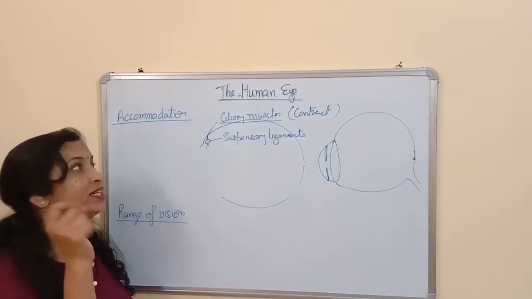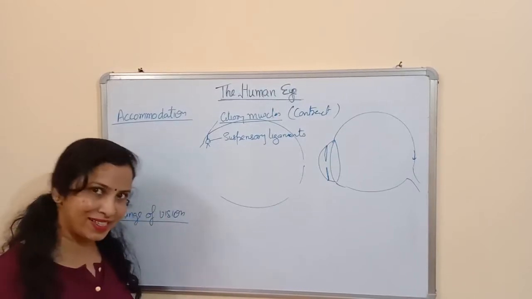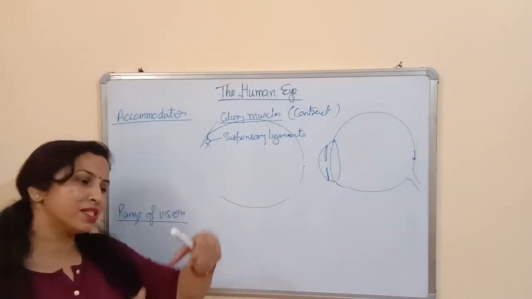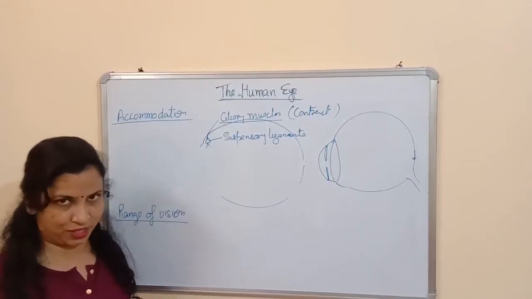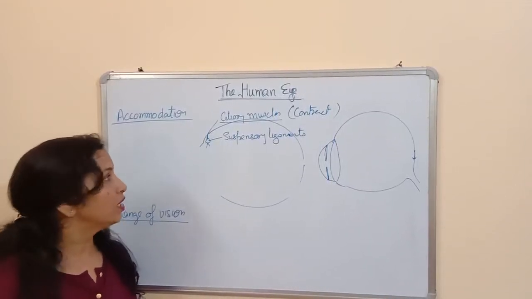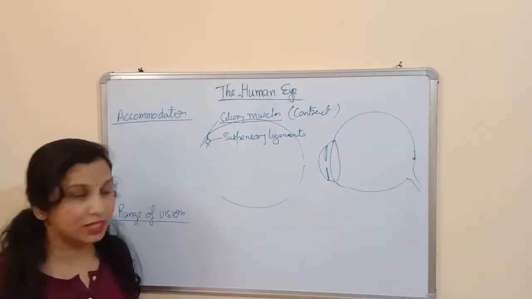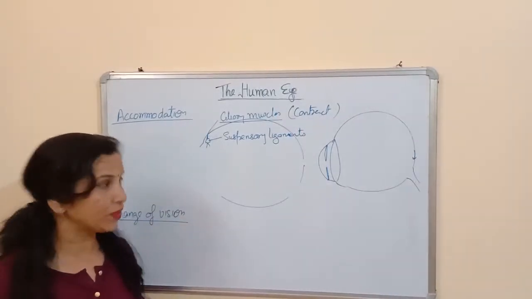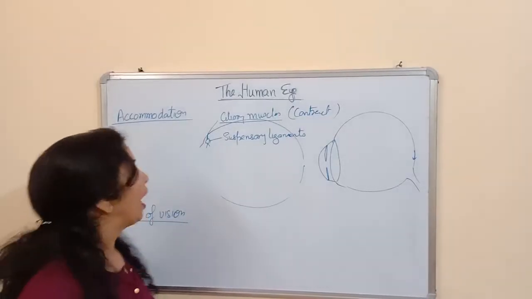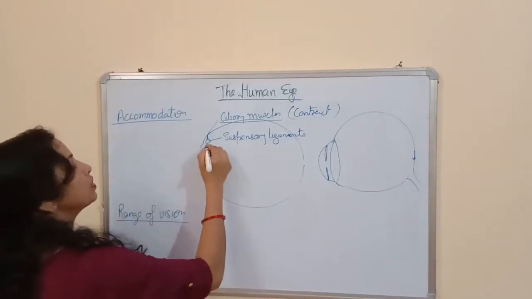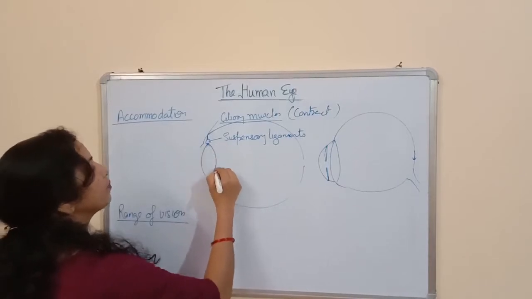In the first case, the ciliary muscles get relaxed and the suspensory ligaments pull the lens. But when you see a nearby object, like when you are reading a book, the ciliary muscles contract and the suspensory ligaments get loose. And when it becomes loose, the lens becomes thick.